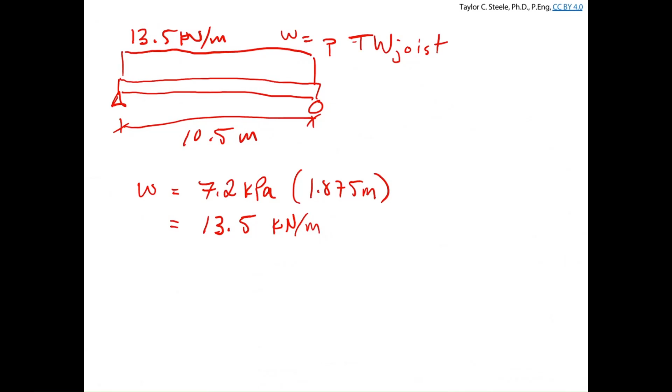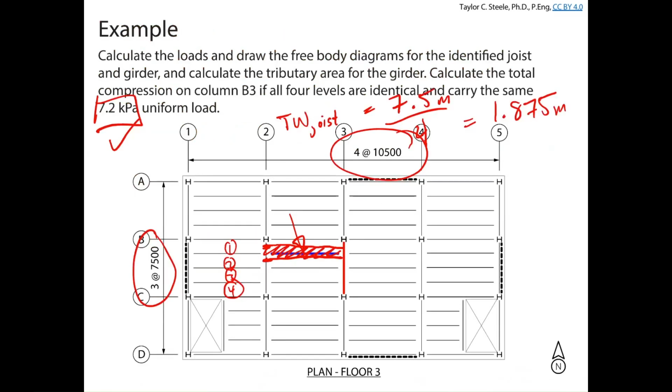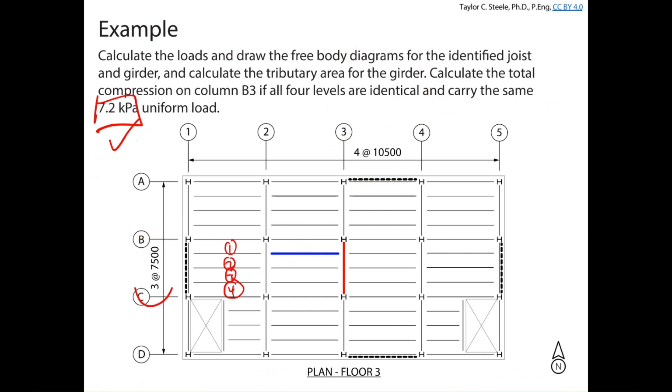Okay. The next thing we want to look at is the girder that's blue. Okay, I'll get rid of some of this other stuff. So we're going to look at this blue girder now. Sorry, red girder. The joist is blue. And the first thing we need to know about the girder, first of all, I should get the length right.